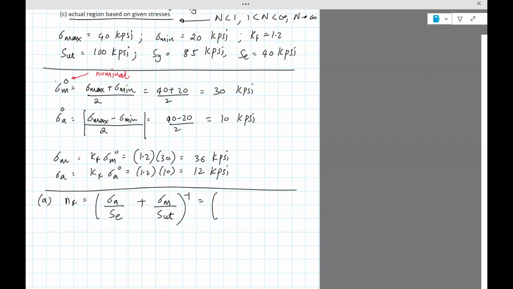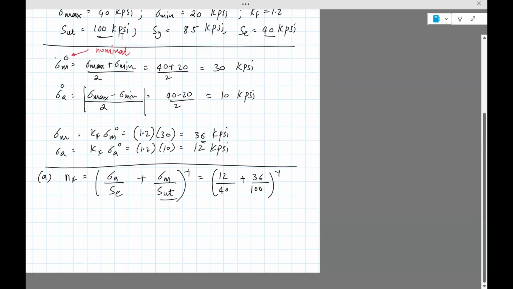So sigma A is 12, SE is 40 kpsi, plus sigma M is 36, and SUT is 100. So NF is equal to 1.52.